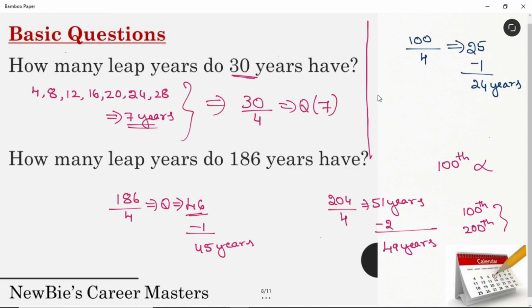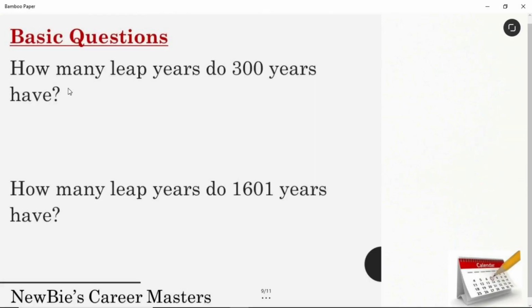Minus 1 is the 100th year. You need to take the count till 96. Remember, the 100th year is an ordinary year, not a leap year. Clear? Most repeated question.